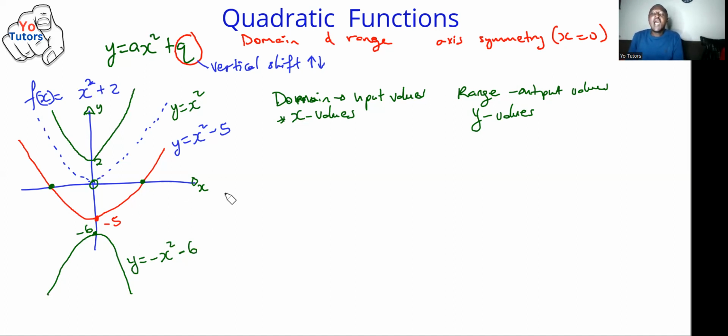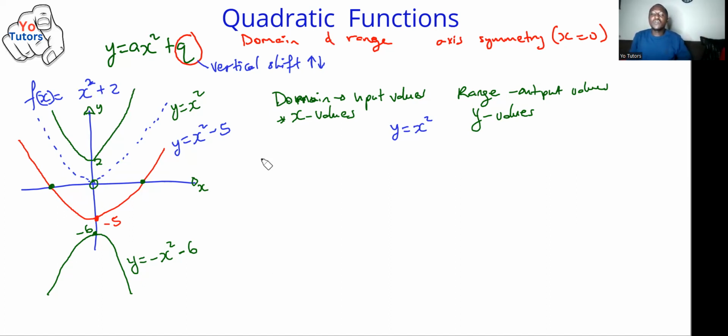Now let's look, how do you define their domain and range? Let's start with the mother graph, y equals x squared. With the mother graph, the domain in this case can actually occupy any value of x.